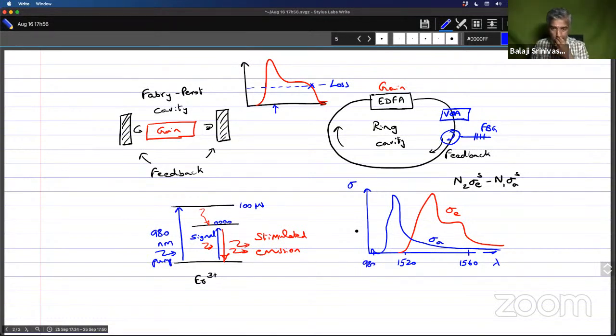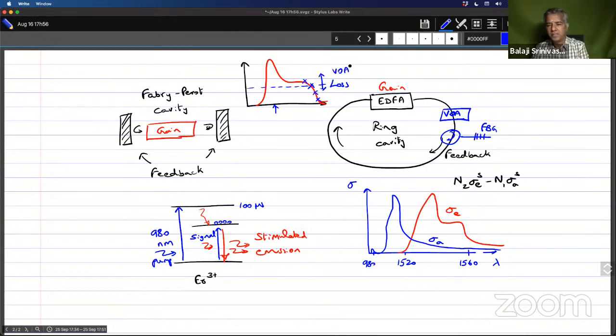Okay, so now coming back to this question, what is the role of the VOA? The VOA in this case is allowing us to change the loss inside that cavity. By changing the loss in the cavity, we are moving this level and moving the point where the gain meets the loss. So what we were demonstrating as part of that laboratory experiment is that you can tune the output emission wavelength of your laser by changing this loss using the VOA.